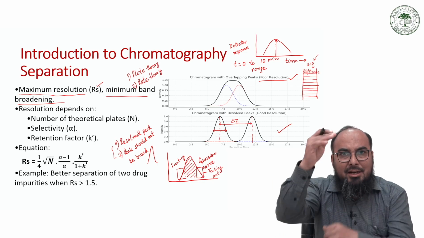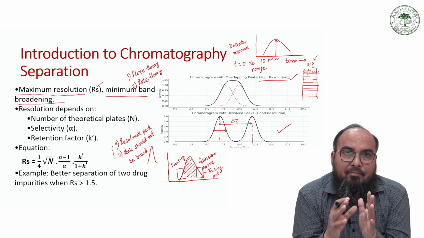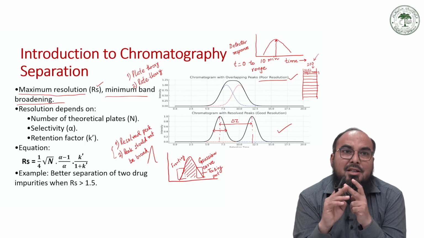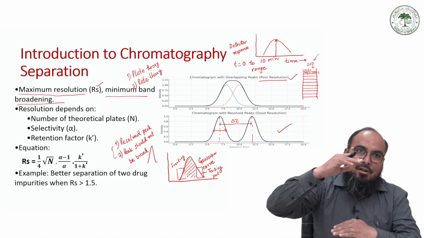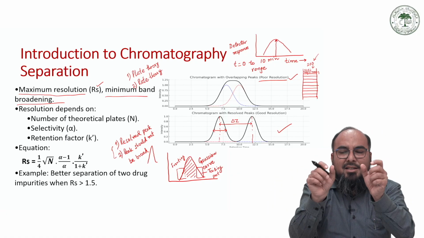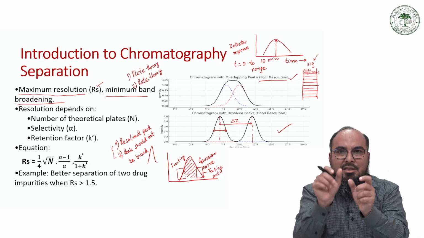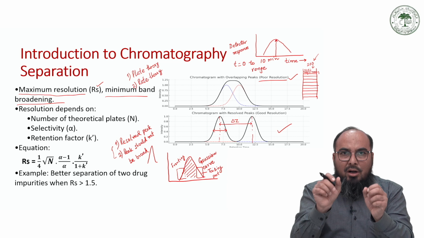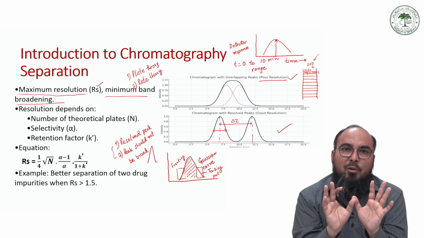These plates are continuous in nature, one after the other, and they are also discrete, that is, they are arranged one by one. Your column actually contains these plates, and each plate is divided into a stationary phase and a mobile phase, and on each plate equilibration has to be done.